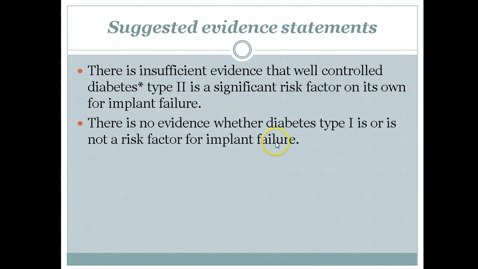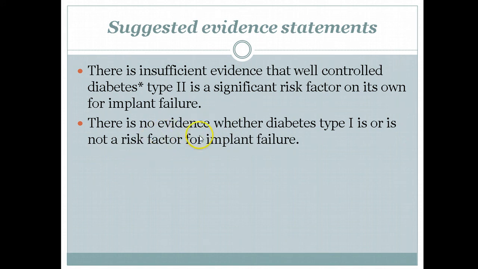So going through all those literature and reviews, our suggestion is there is insufficient evidence that a well-controlled diabetic patient, like we talked about type 2, is a significant risk factor on its own for implant failure. So if you are type 2 diabetic and you're controlled, you don't have a significantly higher risk factor, 1.7%, not something that you're going to make the patient not get the treatment plan done.